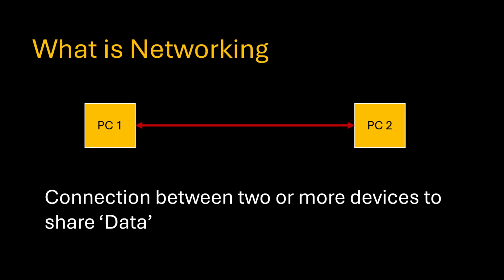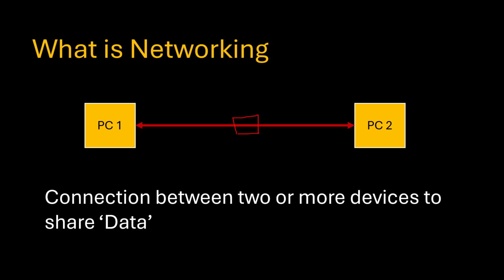Here you can see that I have two PCs and these two PCs are connected through a wire. This red line is a wire, and the definition of networking is the connection between two or more devices to share data, information, or hardware.